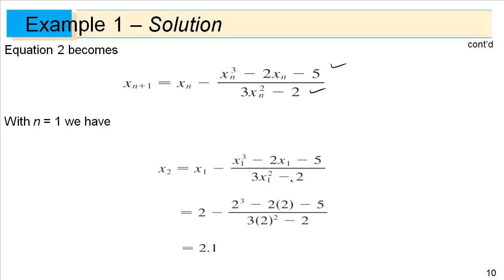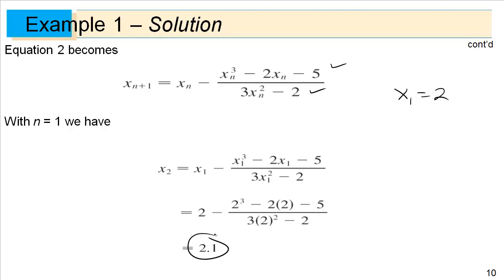So if we evaluate them both at our first number, then that's what x2 is going to be. So our first guess was 2, right? x1 was 2, that was our first guess. Plug all that in, x2 ends up being 2.1, a little bit bigger.